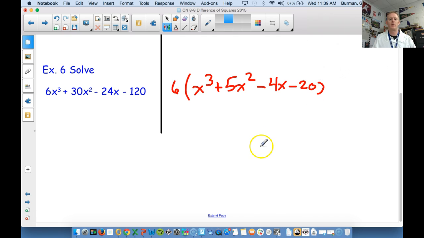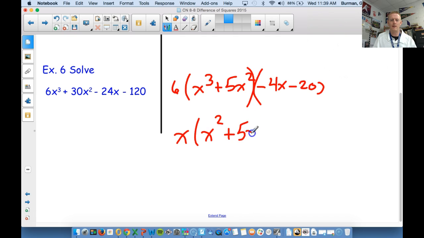Now when we factor by grouping here, folks, let's just do it like this. We can take out of both of these terms an x. So when we take out an x, we're left with an x to the second and a plus 5x.